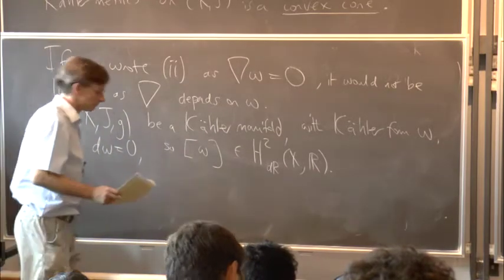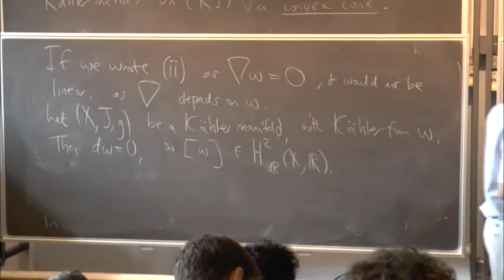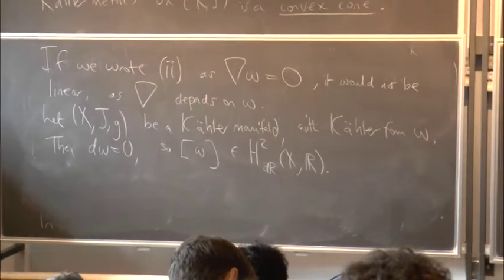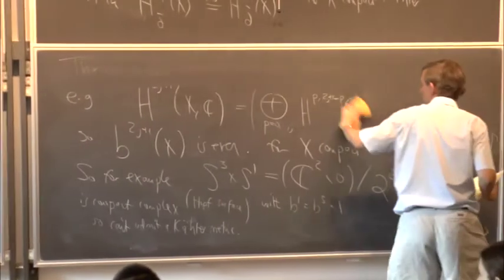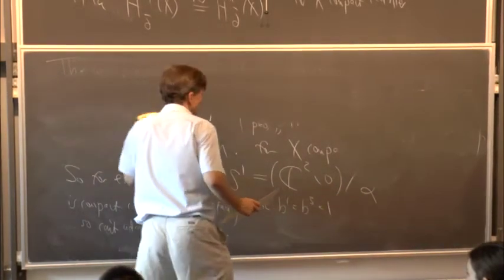Now, if X is compact, then the de Rham cohomology groups have splittings into the Dolbeault groups by what we've just said.